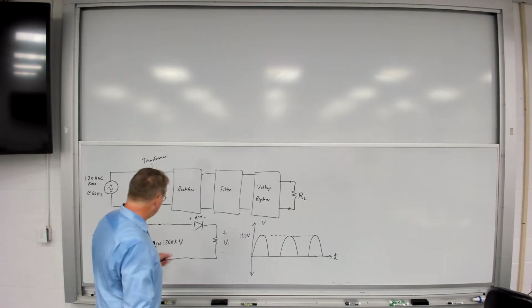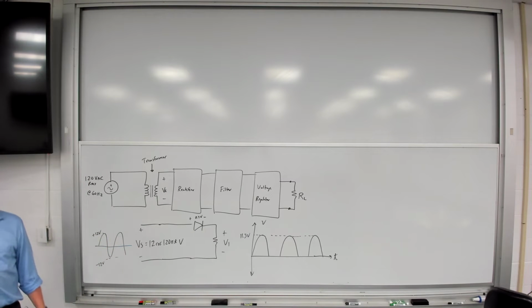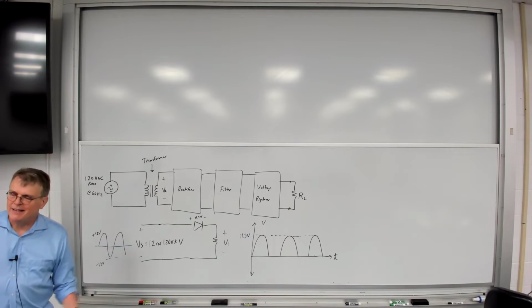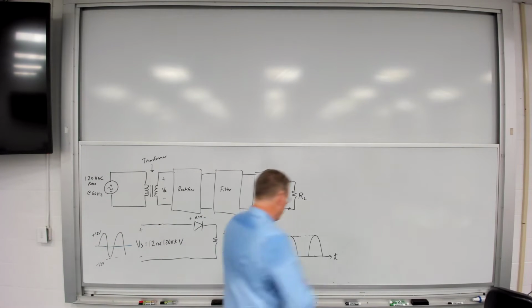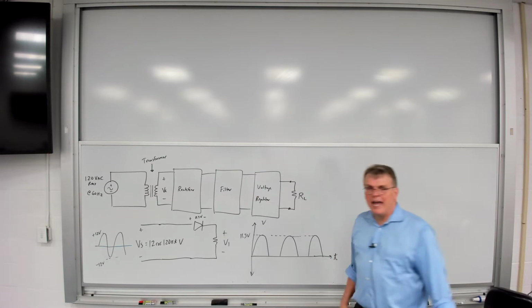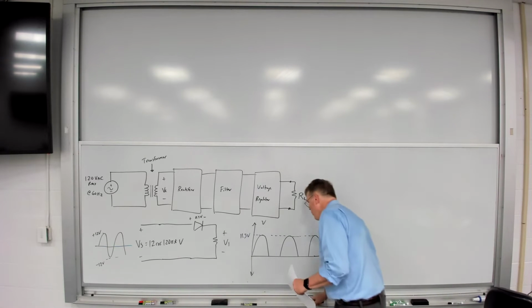Wouldn't it be nice if somehow we could also take advantage of the negative going portion of that waveform? Well, yeah, it would be nice. And in fact, long ago, people figured out ways to do it. So this, we've been calling it a half-wave rectifier. Now let's talk about the full-wave rectifier.